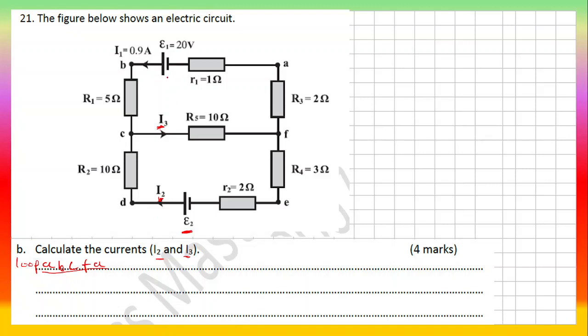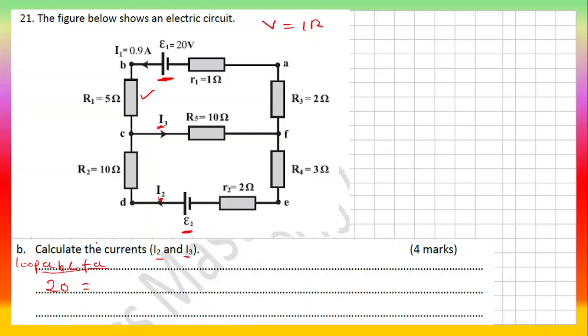The sum of the electromotive forces, which is only one here, is equal to the sum of the potential differences in a closed circuit. So 20 is equal to the sum of the potential differences here. Remember, V is given by IR, or R times I.